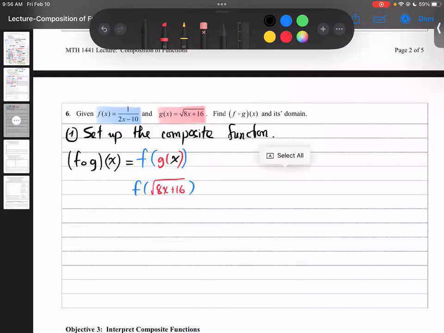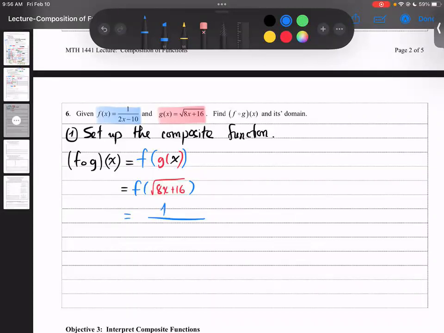So far, it's just mechanical input. There's no brainer there. I'm just plugging things in. Now for f, instead of x, I'm going to replace x with that big block. I recommend that for the f function, everywhere you see x, replace it with a big parenthesis.